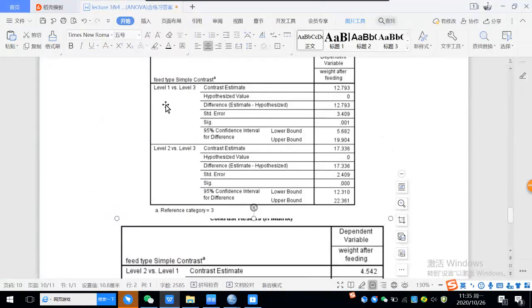So that means level 1 has a very significant difference with level 3. It's better than level 3. Through this comparison, which feed type is the best? Which feed type is second? And which type is the worst?